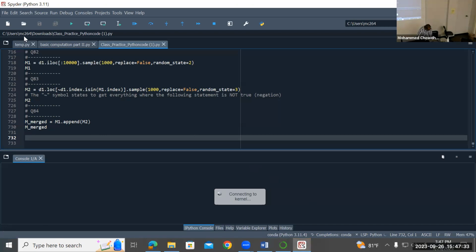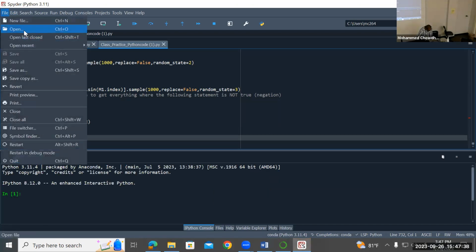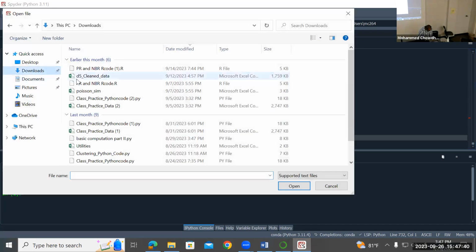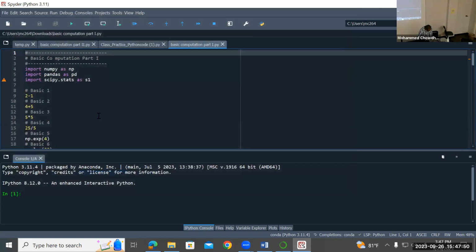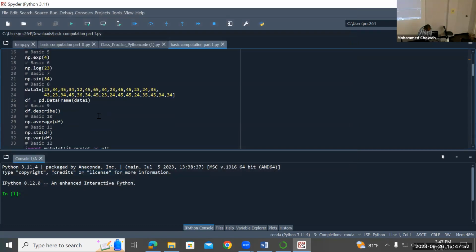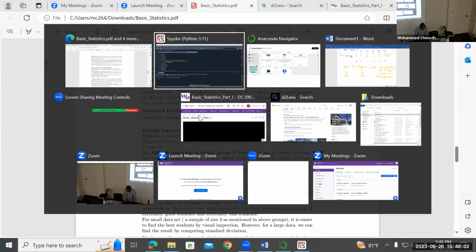Open downloads, basic computation part 1. Okay. So now you want to learn what summary statistics are first. Summary statistics, okay, quartiles.